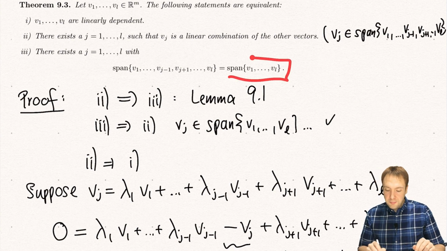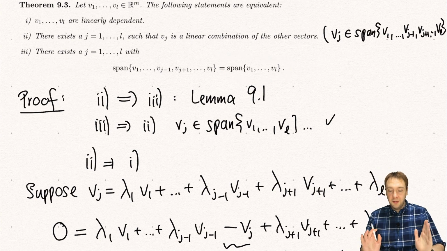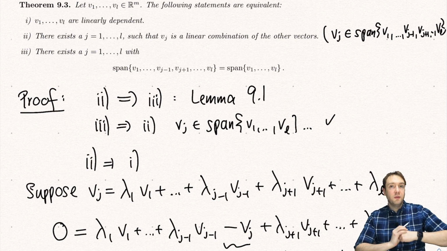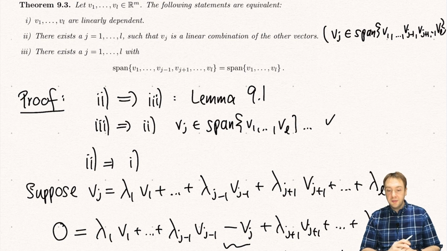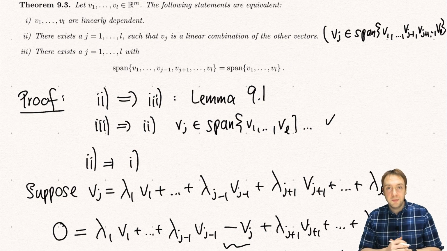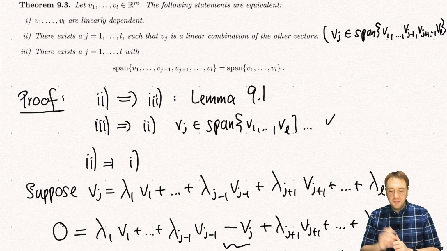So again, usually you will get a subspace given by a span of something. For example, the image of a linear map can always be written easily as a span of just the columns of a matrix. And then you want to reduce the number of vectors you need to describe this span. You can do this by this theorem, because you just need to check: are these vectors linearly dependent?